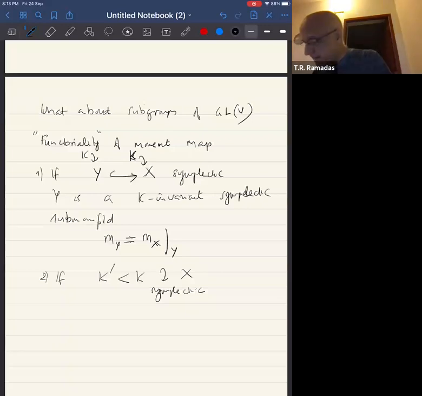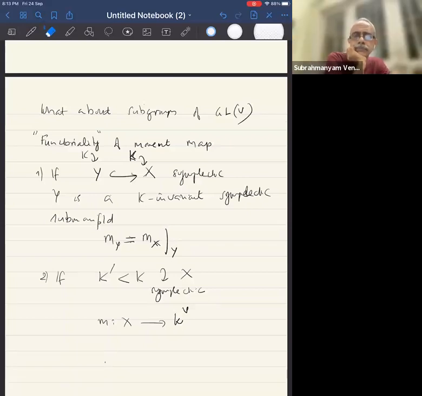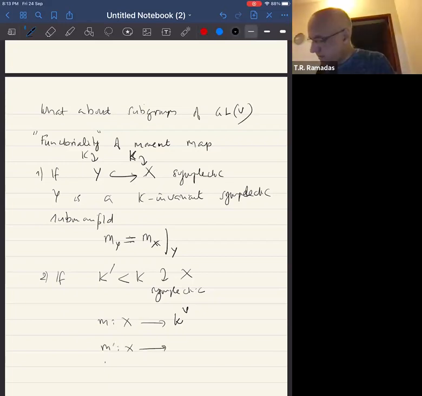So I'll have a moment map M from X to K dual. On the other hand, I might want to look for a moment map for K prime, from X to K prime dual.